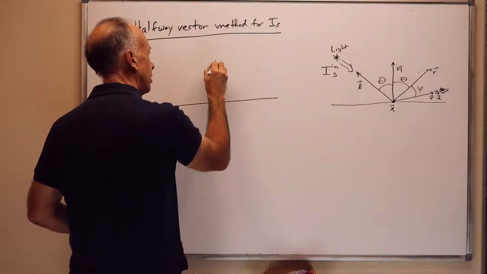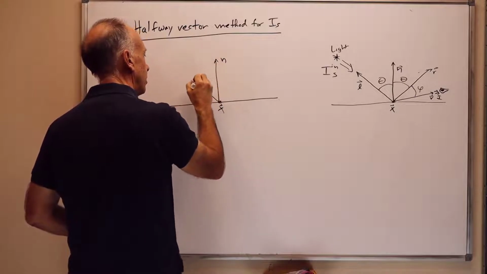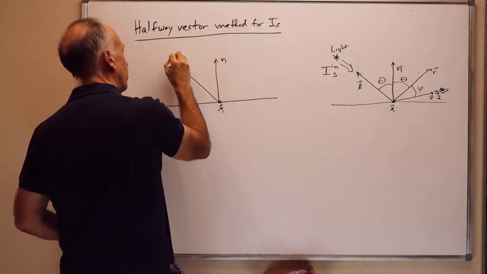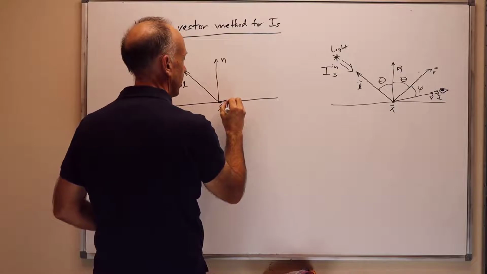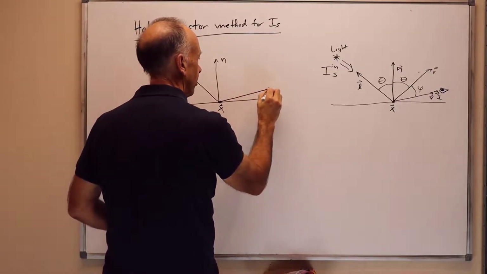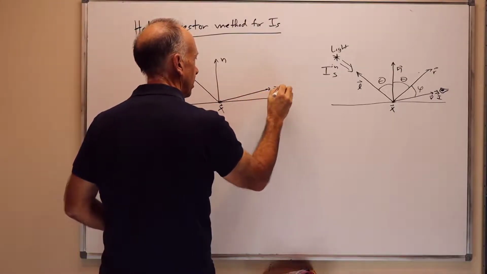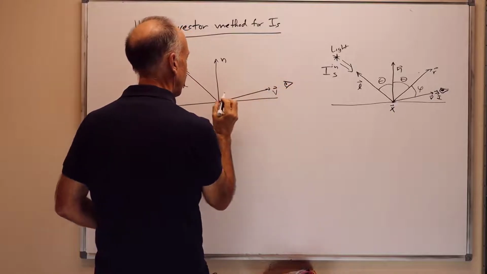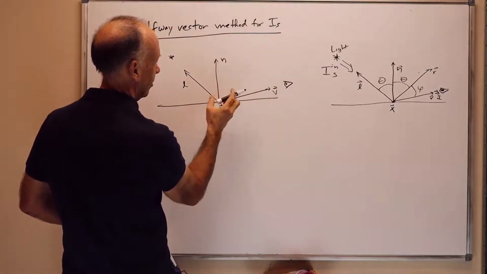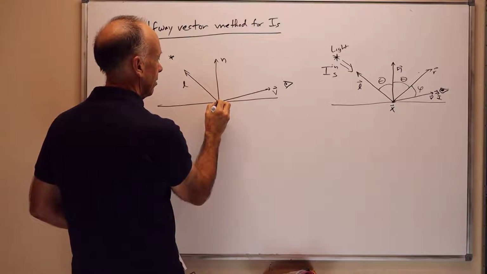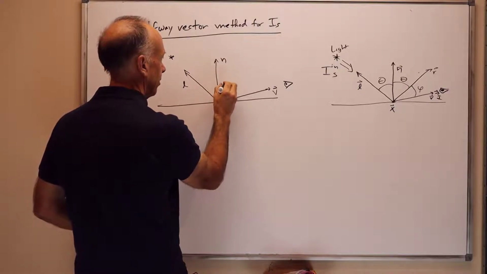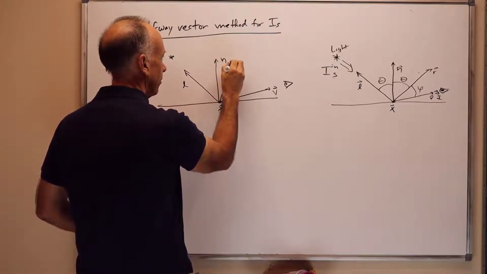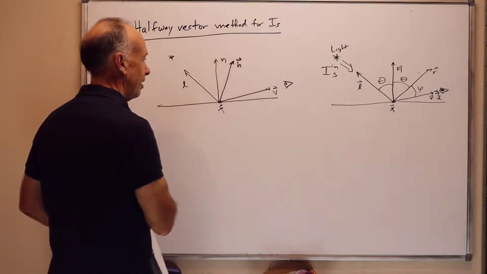Here's X, here's the normal vector, here's the direction towards the light, here's the direction towards the viewer. And if we go halfway between these two things, right in the middle, this will be the halfway vector H.